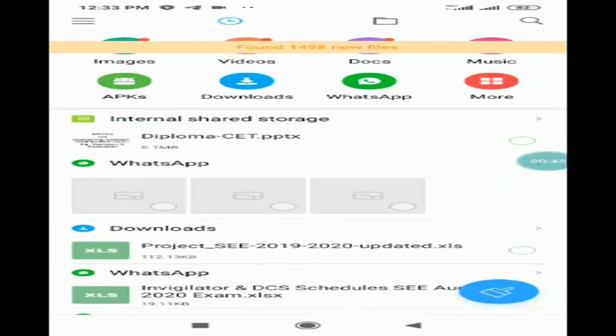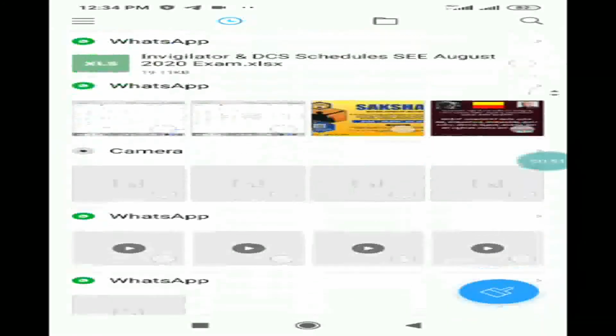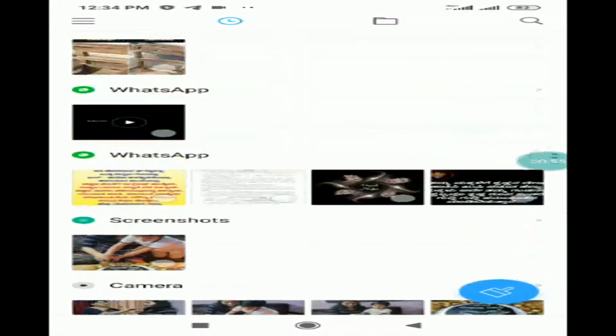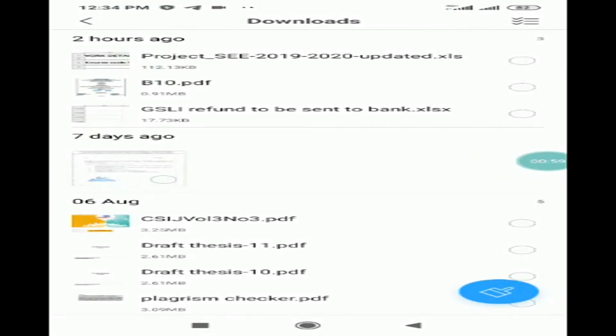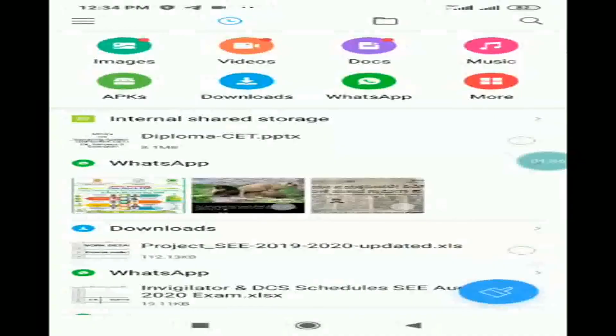I have prepared some list of multiple choice questions which will definitely help you, which we can consider as the most important questions, most likely questions from your CET examination point of view.